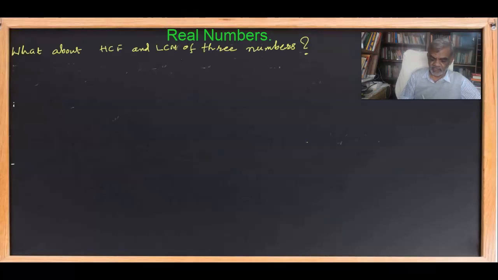Now let us consider the same example which I am going to take: A is equal to 6, B is equal to 72, and C is equal to 120.